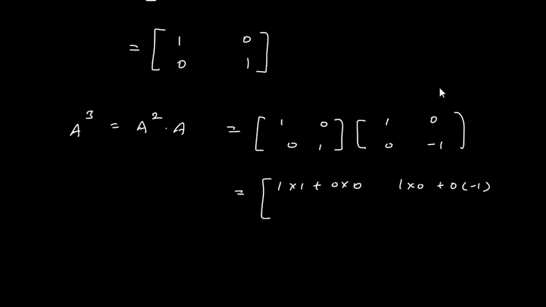Now here we have 0 into 1 plus 1 into 0, and here we have 0 into 0 plus 1 into minus 1. So now I get 1 here, 0 here, 0 here, and minus 1 here. So [1 0; 0 -1].